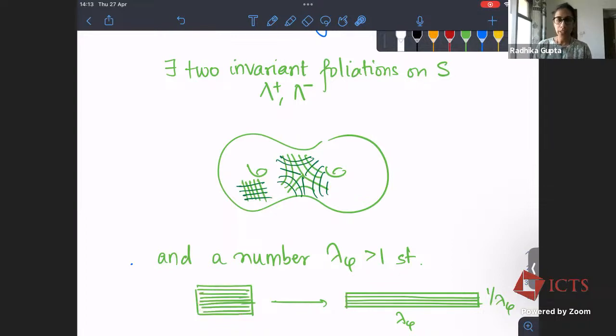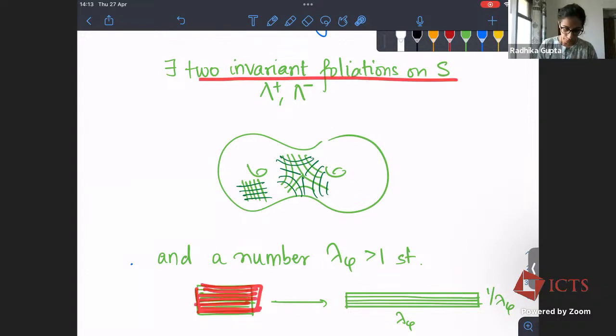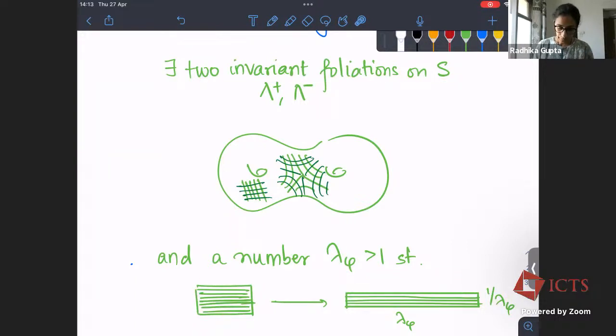So locally in every chart, I have 2 foliations. I can foliate my chart by horizontal foliation and vertical foliation, such that the horizontal one is getting stretched and the vertical one is getting compressed. And there is one number by which you are stretching and compressing.